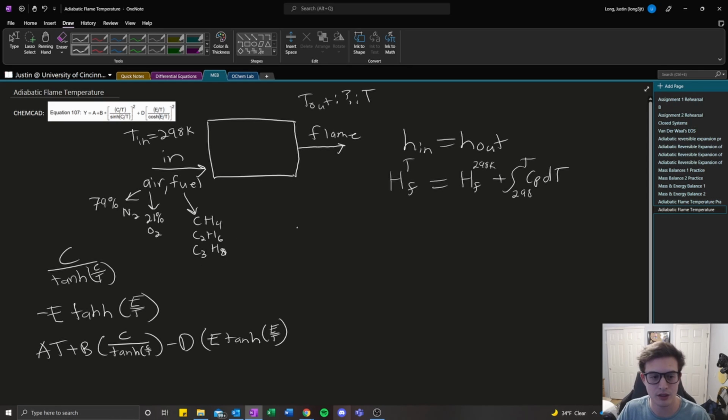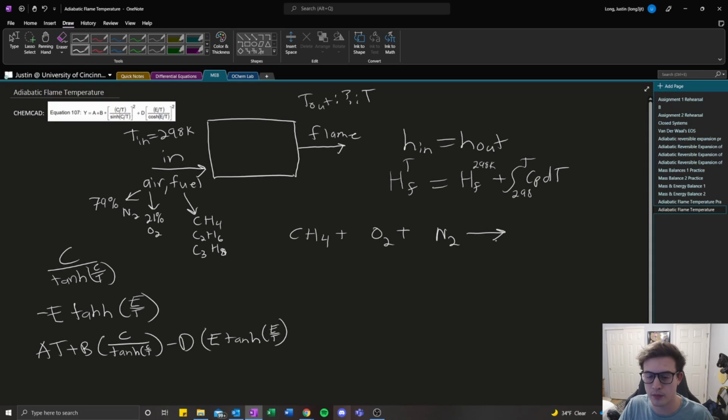But first, what we need to talk about is the reaction going on, because we're going to have a mixture of this fuel, so we need to know how all of these fuels react with air. So we're going to start out with methane, reacting with oxygen. But because this is air, not just pure oxygen, we're also going to have this nitrogen component.